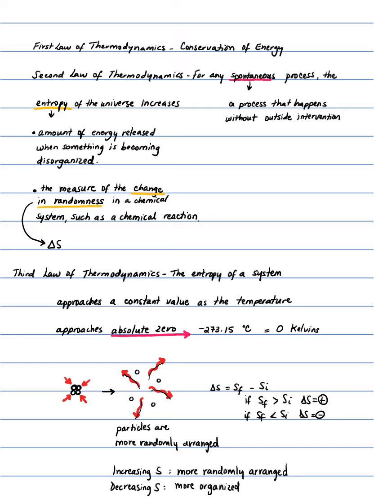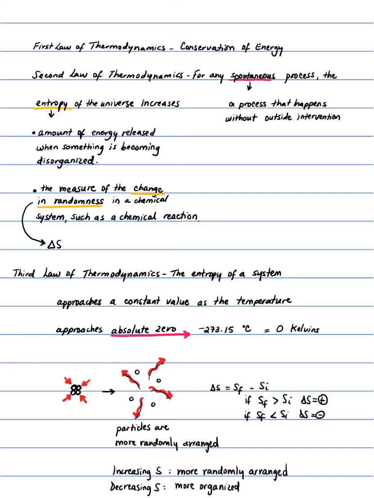So your particles are more randomly arranged on the right side of my sketch. I'm moving from something very well organized to something randomly organized. So what is happening is that the entropy is increasing. Since change in entropy is a change, it's always final minus initial.